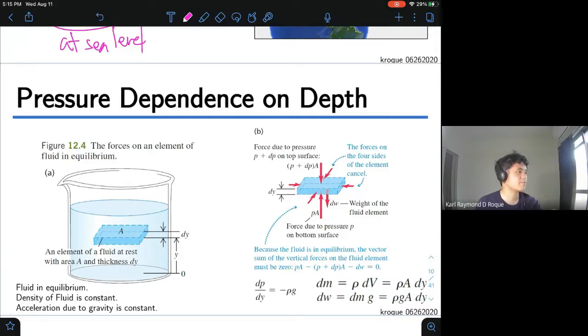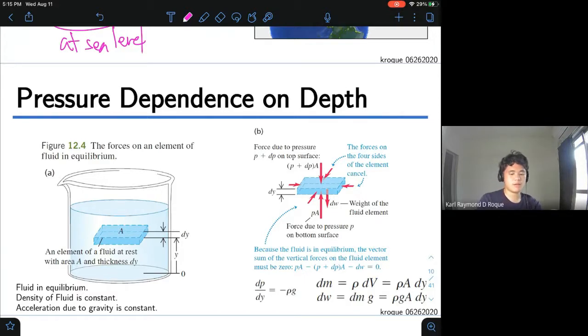Okay, let's see. If the weight of the fluid can be ignored, the pressure is the same throughout its volume. We can derive a relationship between the pressure at any point in a fluid at rest and the elevation y of the point.